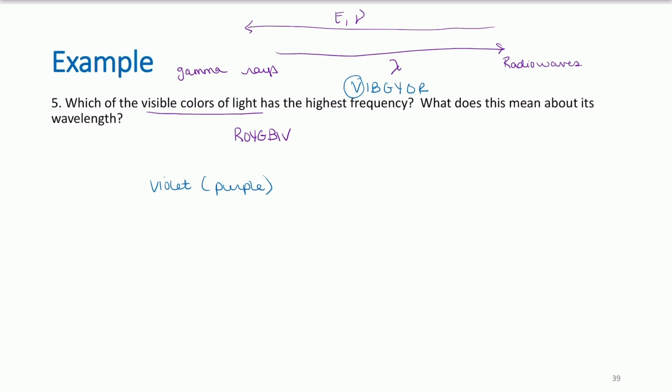What does this mean about its wavelength though? Well, we know that the higher the frequency, because remember, frequency is cycles per second, means higher energy, but shorter wavelength.